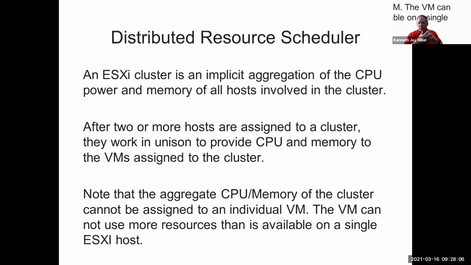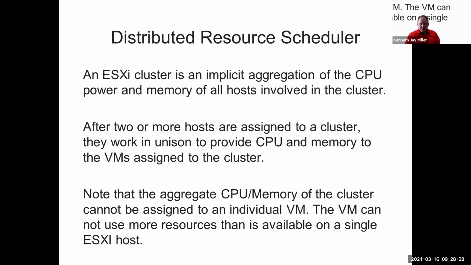Now you need 2 or more servers to make a cluster. And once they're assigned, all of the processing power and memory is an aggregate, or it's added together for the VMs in that cluster to use.